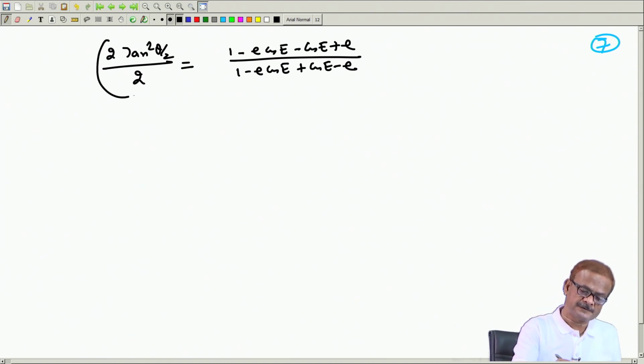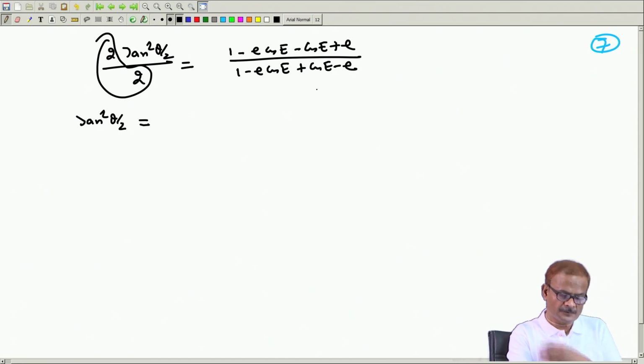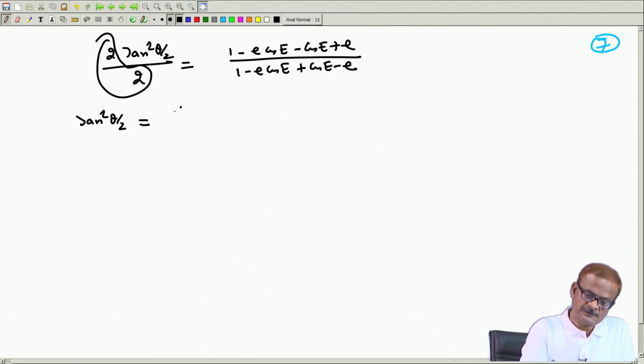So, these two will cancel out, will drop out. That gives us tan square theta by 2, and here we have to rearrange it in a proper way to solve it. So, this will become 1 plus E minus cos E; we will take it outside.